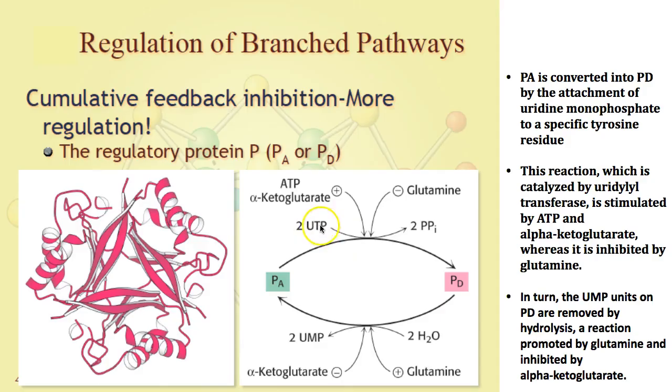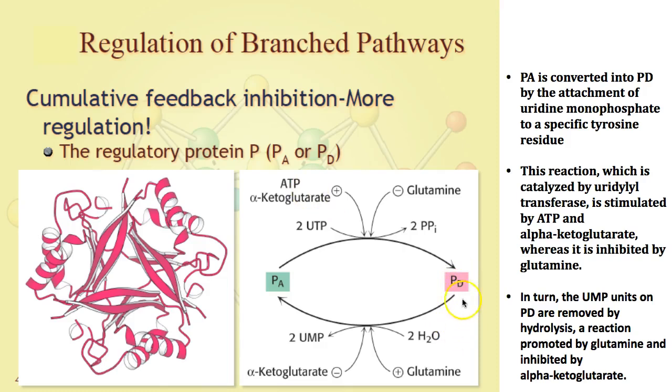You have UTP that donates that uridine monophosphate and ends up deactivating the regulatory protein. But if you have ATP and alpha-ketoglutarate, that activates this movement to have it deactivated.